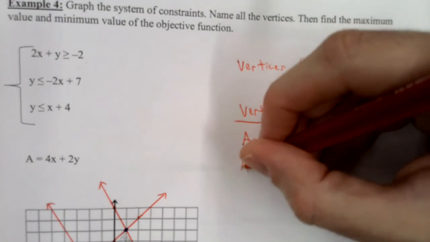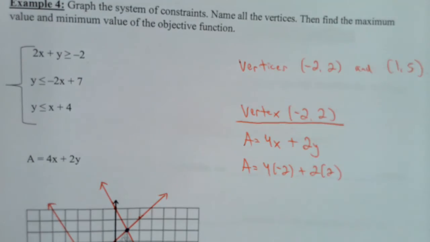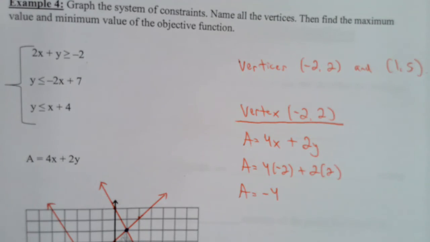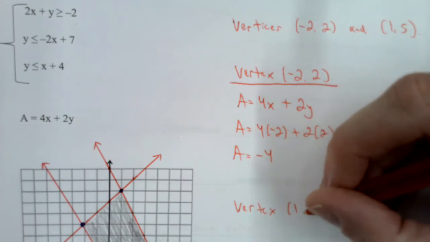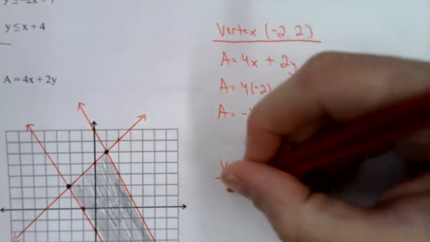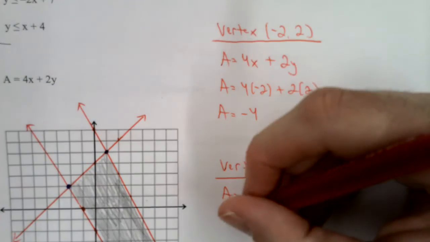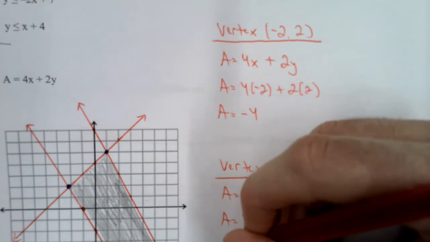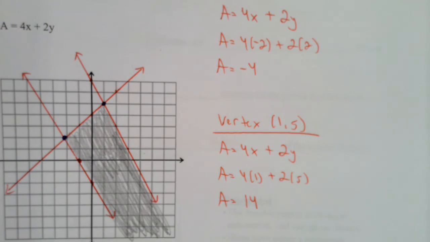So 4 times -2 plus 2 times 2 will give you -8 plus 4 is -4. Now for vertex 1, 5. Objective function a equals 4x plus 2y. A equals 4 times 1 plus 2 times 5 gives you a equals 14, which is our maximum value, and there is no minimum value.